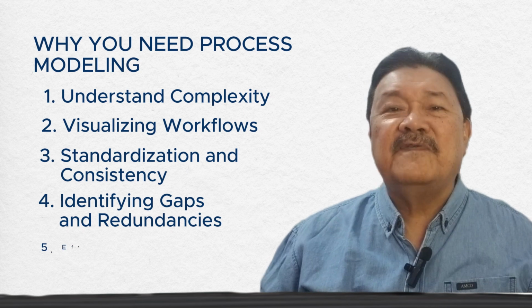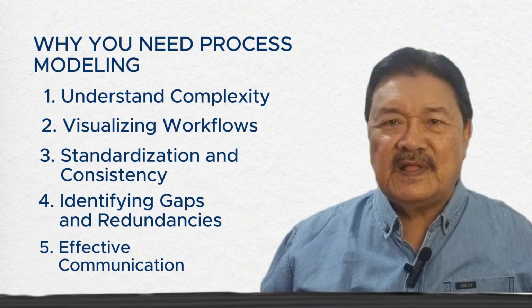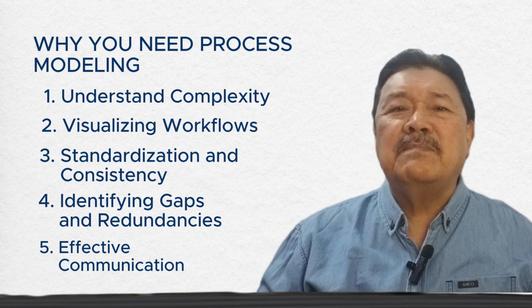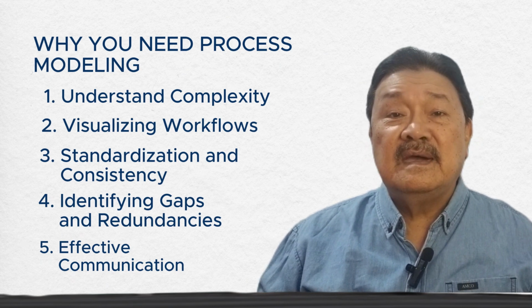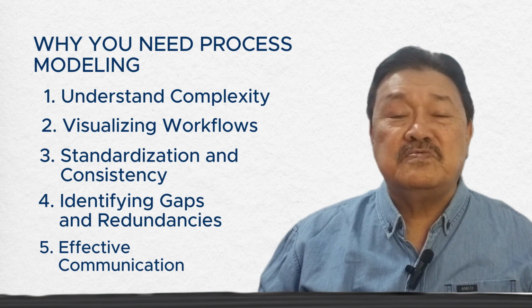Number 5, effective communication. Process models are a universal language. We all know that. Whether you're talking to team members, stakeholders, or new hires, a visual model usually conveys information much more clearly.